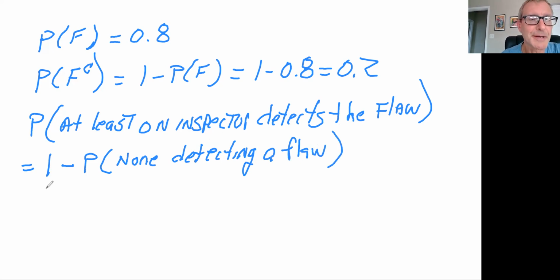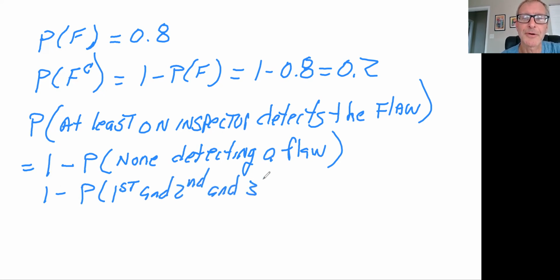So if you think about that, that's the probability of the first and the second and the third inspector all failing, all right? And so how do we do that calculation? Well, the only way to make this a reasonable calculation is these are independent events. You remember we put up the problem and it said all three of these inspectors are working independently. So here's the probability of 20% or 0.2 that each one of those inspectors fail.